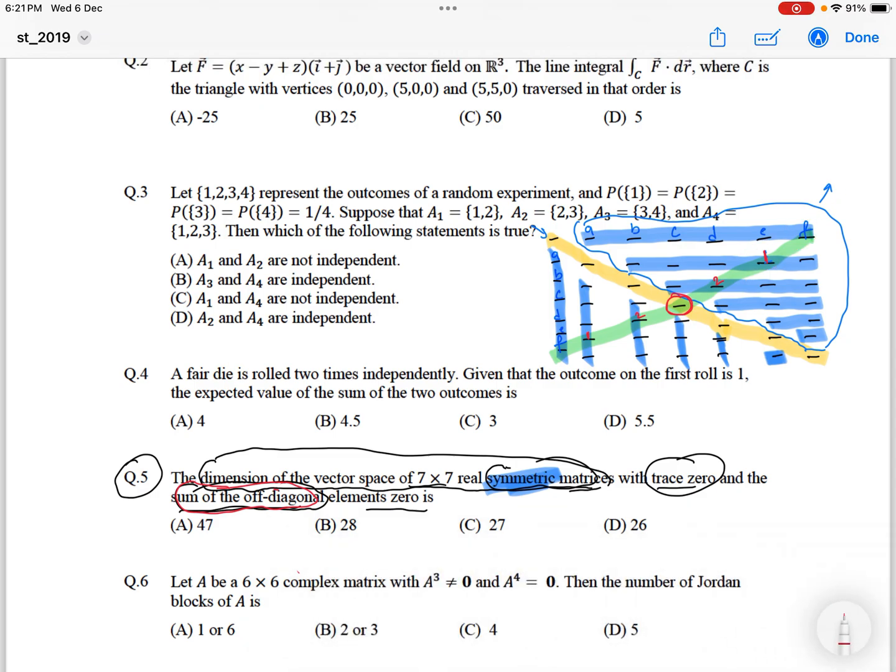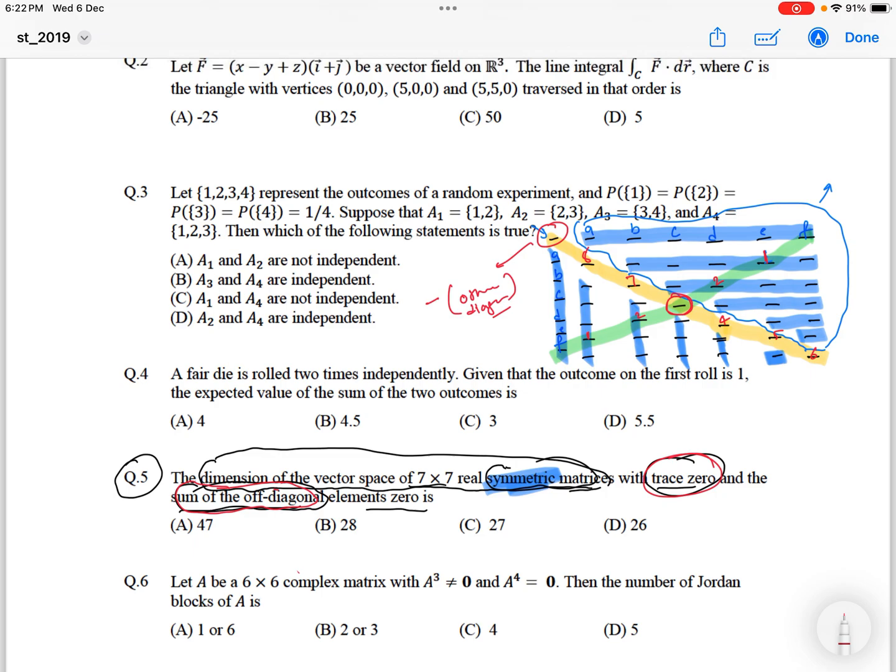And for the main diagonal, the trace should add up to 0. So you can take any numbers, like 4, 5, 6 here, 7 here and 8 here, and it should add up to 0. Then the last element should be minus the sum of the other diagonal elements.